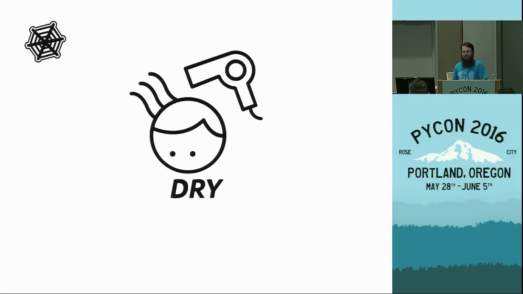Because odds are, as you keep building on that thing, or someone starts building on whatever you've worked on, they're going to need to do what you've already done as well, and that way they get to use it. And when you're doing testing, you only have to test one thing instead of testing the same implementation 3 or 4 times, right? It's nice to only have to do one thing.